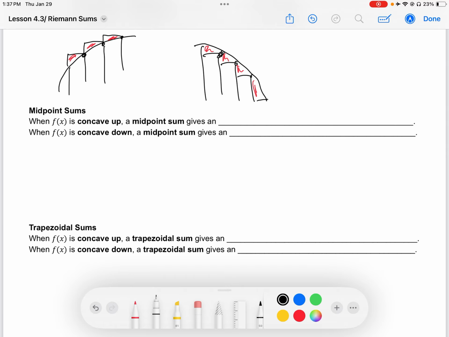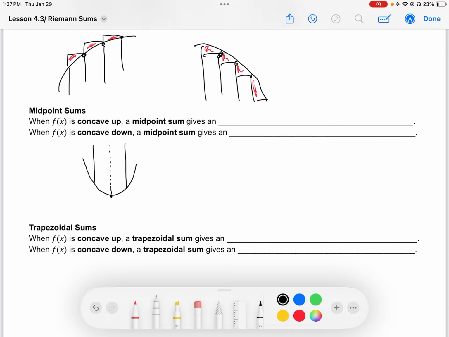So let's draw a little concave down situation here, or I guess we started with concave up. So maybe we better start with concave up. Concave up, and let's suppose that we have just one subinterval here, and then what we're going to do is use this point right here as our height.